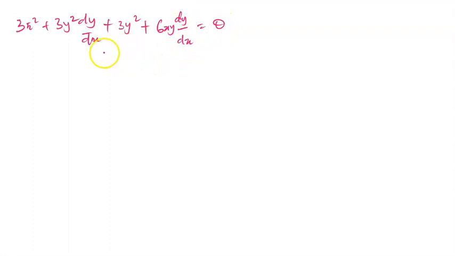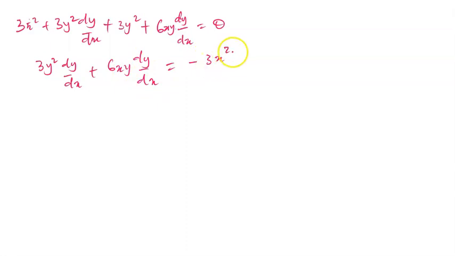Now let's collect like terms. I'll collect like terms for everywhere I have dy/dx. So my 3x squared should go to the other side. I'll be left with 3y squared dy/dx plus 6xy dy/dx equals minus 3x squared.